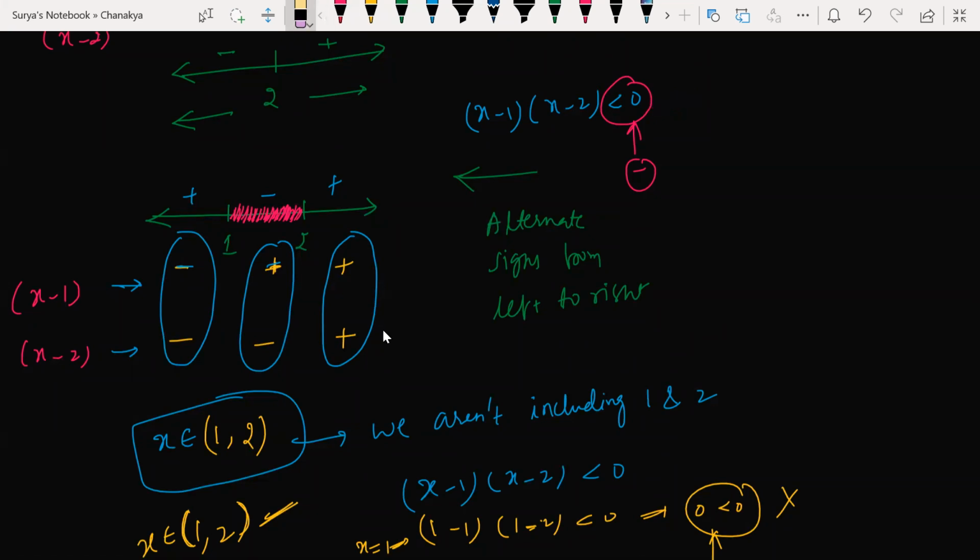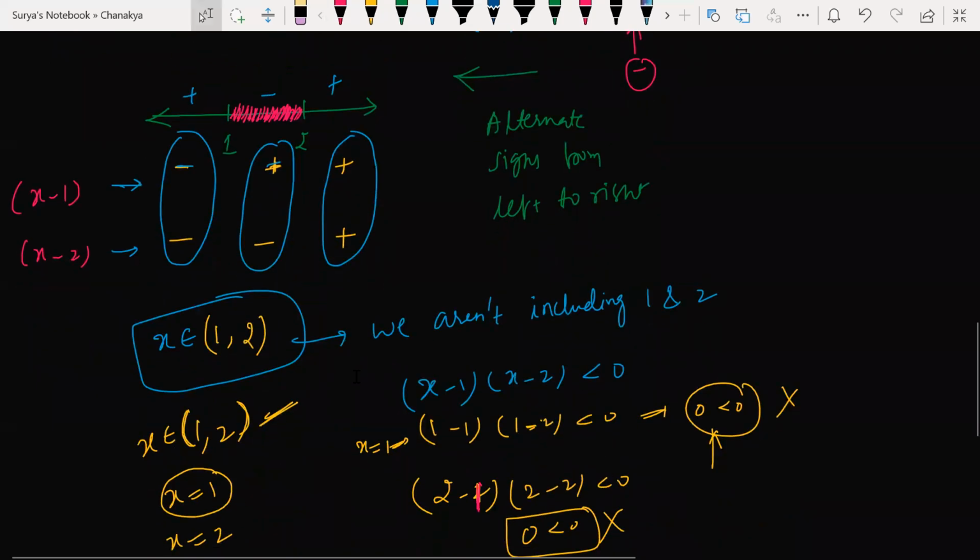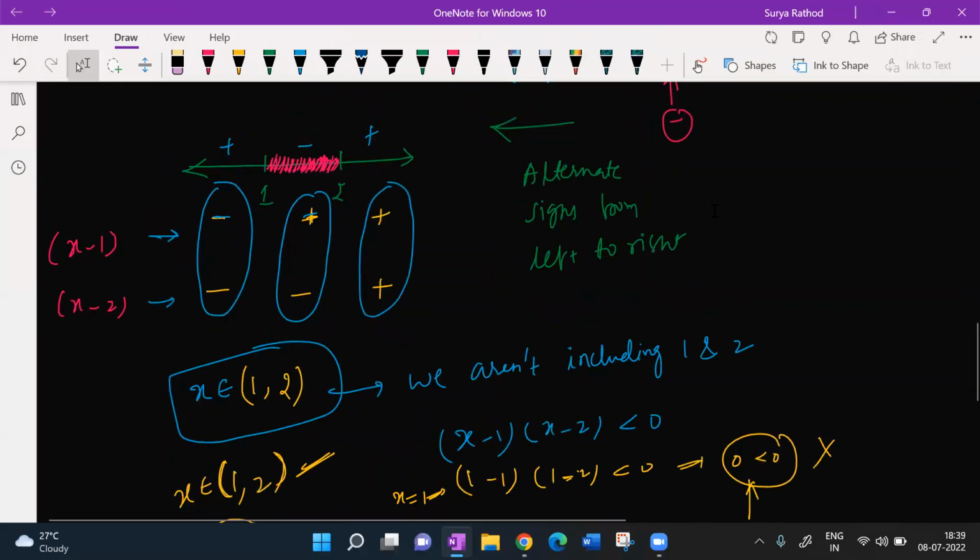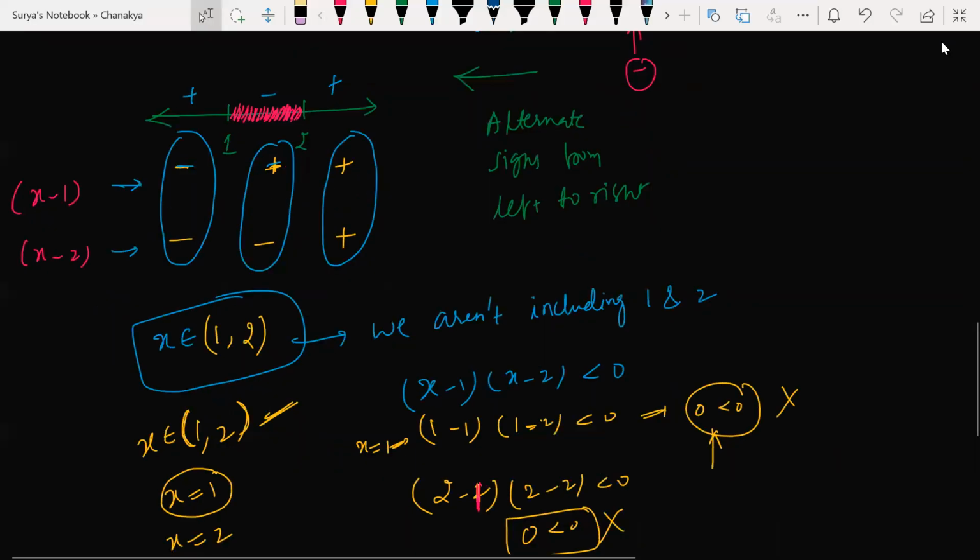Sir, I have a doubt. In that number line, why did you keep only plus, minus, plus like that? Nihal, I already explained this. Why plus, minus, plus?